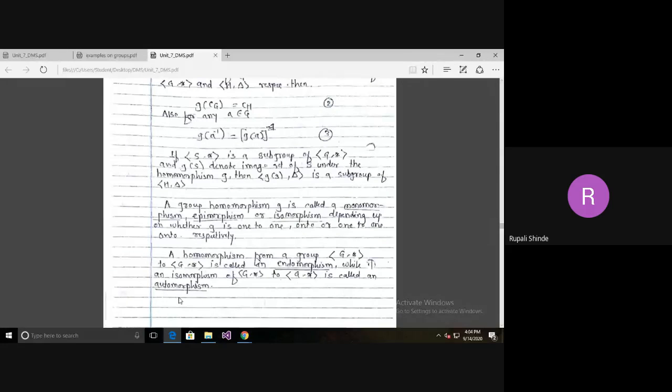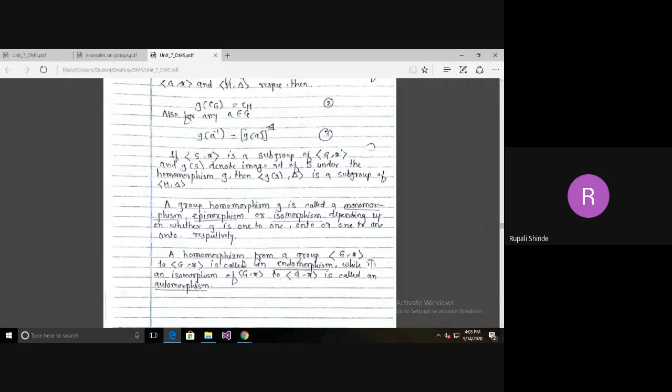Third one, isomorphism. If your function G is 1 to 1 onto, that is called as isomorphism. Fourth one, endomorphism. If homomorphism from first group to second group is defined, that is called as endomorphism. And if an isomorphism between any two groups is defined, that is called as automorphism. So likewise, you have to remember all these definitions.